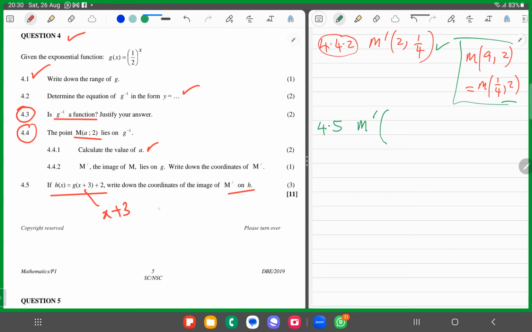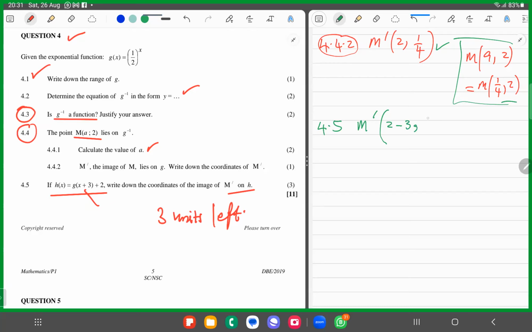So it means 3 units left. That is what the plus 3 means. So if you see plus 3, it means 3 units left. So if it's 3 units left, then we have 2, and then you subtract 3 like this.